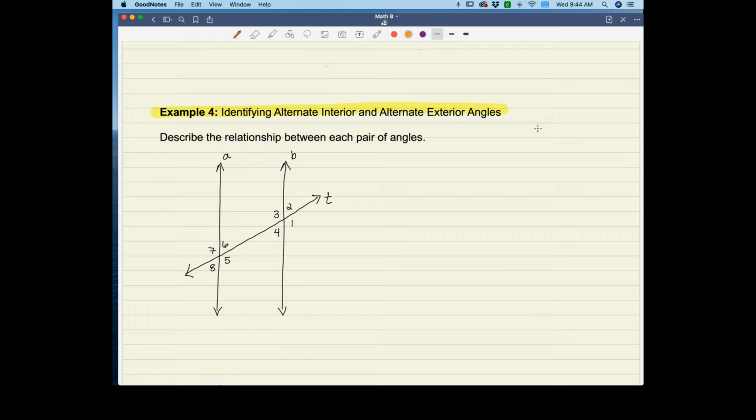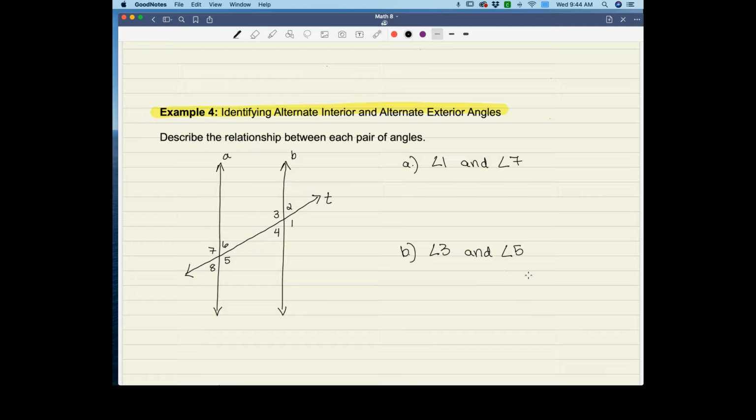So actually, I didn't write all the problem down, but I'll do that for you now. So for example, what is the relationship between angle 1 and angle 7? And what is the relationship between angles 3 and 5?